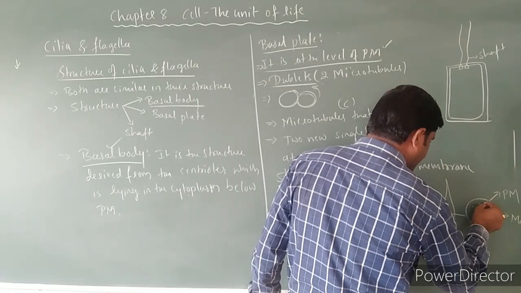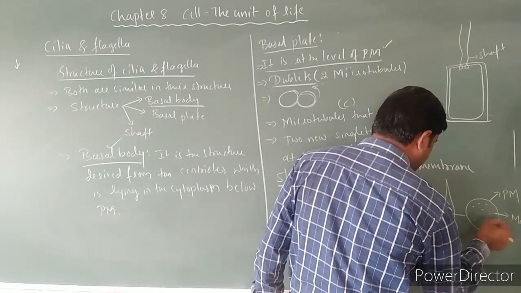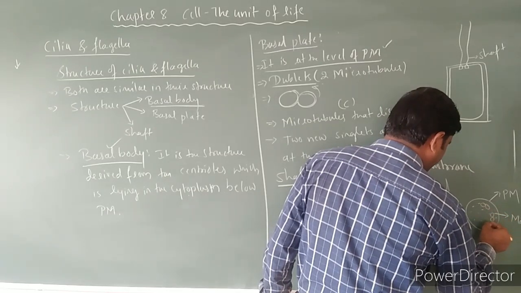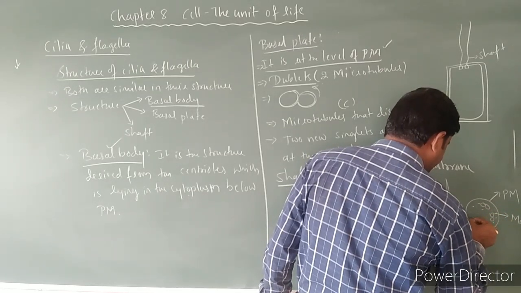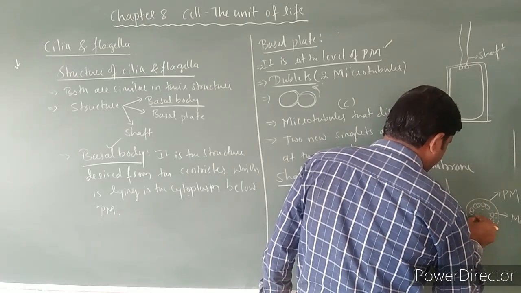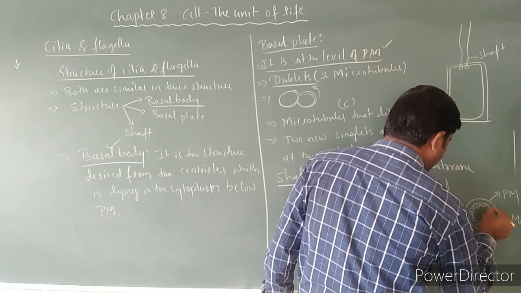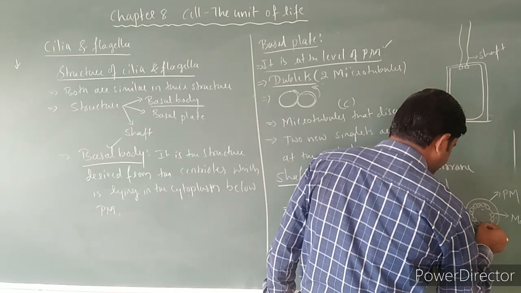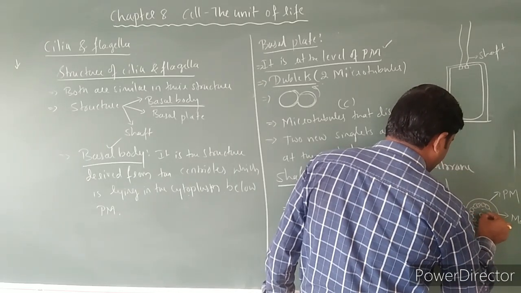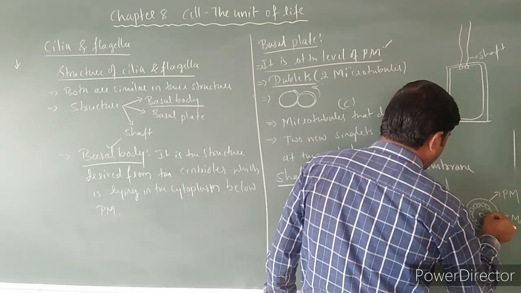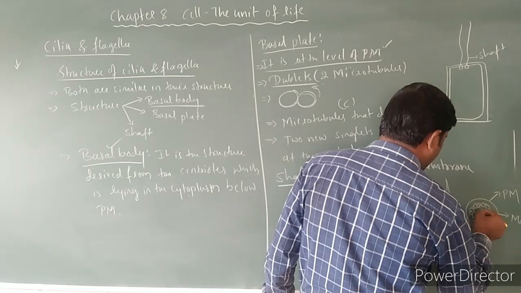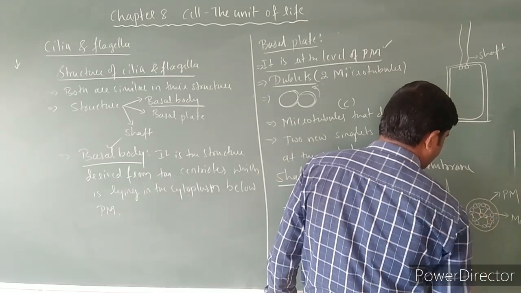And along with this, we come across another structure consisting of 9 doublets, all interlinked, and centrally located 2 singlets are also there, all interconnected with the doublets.